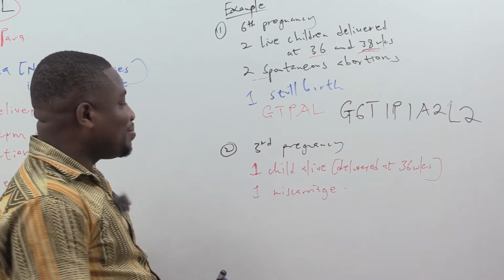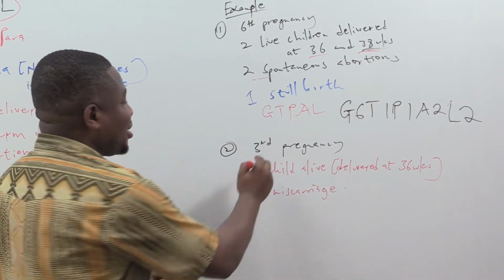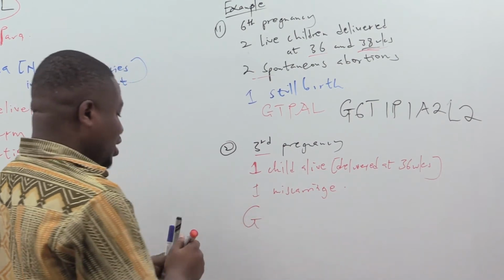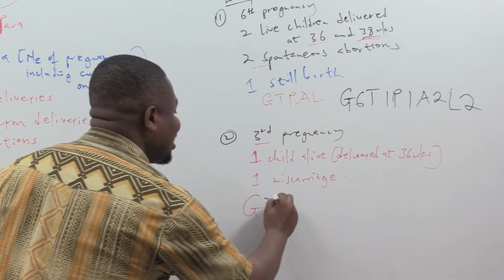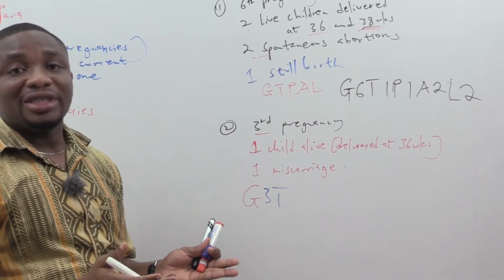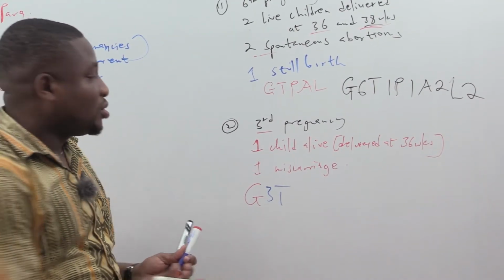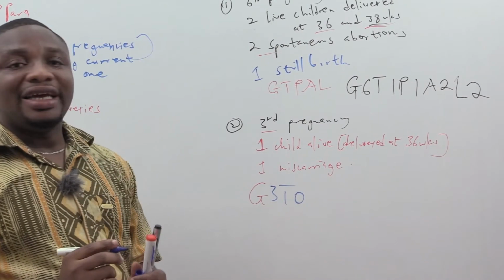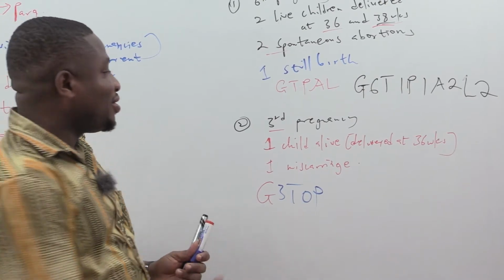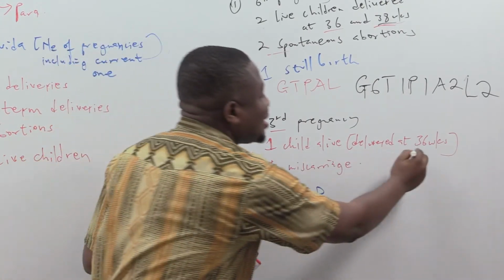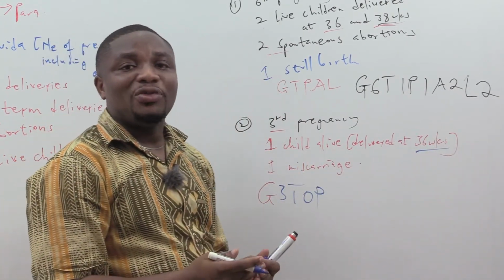So using the GTPAL, how many pregnancies? 3. So we have G to be equal to 3. Then we have T. Is there any child born beyond 37 weeks of gestation? No. So T will be 0. Then we go to P. P, that is preterm. How many do we have? This child who is alive is at 36 weeks, which is less than 37 weeks for term.